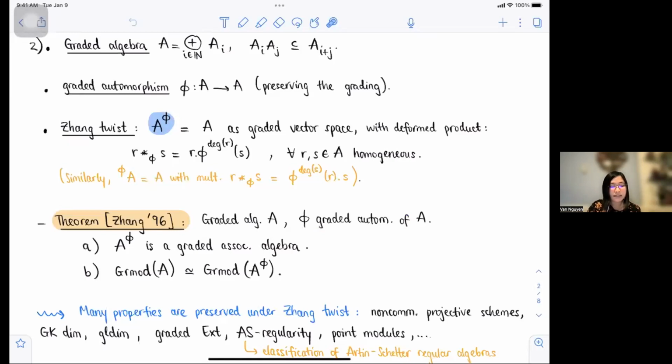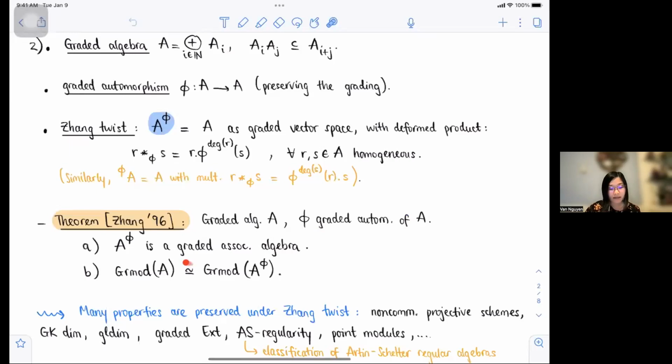In fact, this kind of twisting was first introduced by Artin, Tate, and Van den Bergh. But the reason we call this the Zhang twist is due to the result by Zhang in '96, where he showed that A phi is again a graded associative algebra. Moreover, there is also an equivalence between the categories of graded modules of A and that of A phi.